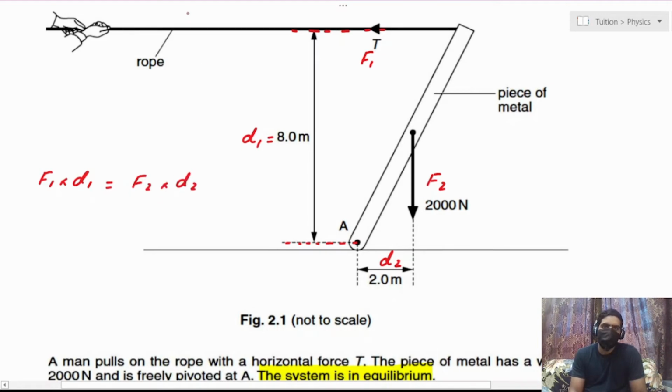All right, now what is F1? F1 is something that we need to calculate, and they have labeled it as T. We write just T here times 8 equals 2000 times 2, and that would be 4,000 divided by 8.